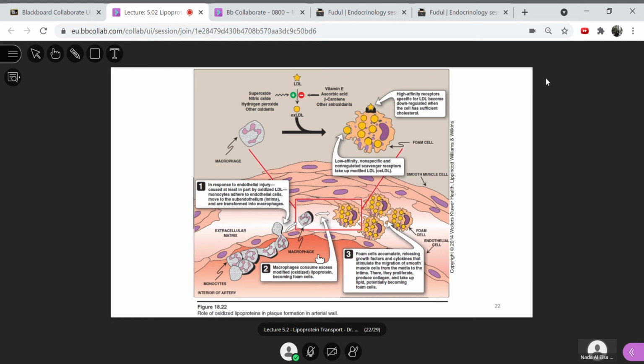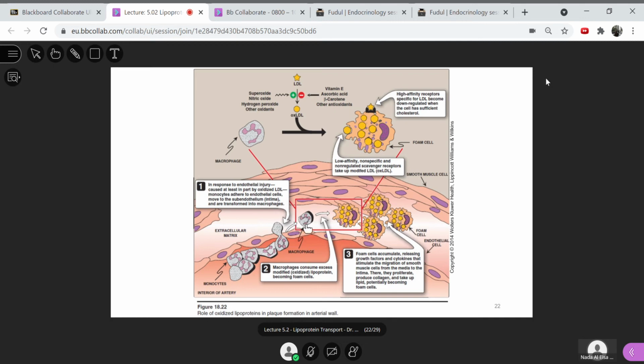The more oxidized they are, the easier they can be taken up by macrophages because this uptake process is unregulated, less specific, and low affinity compared to the regulated LDL receptor uptake. And the denser the LDL particle, the longer its plasma half-life. So these three factors increase the risk of plaque formation and atherosclerosis.